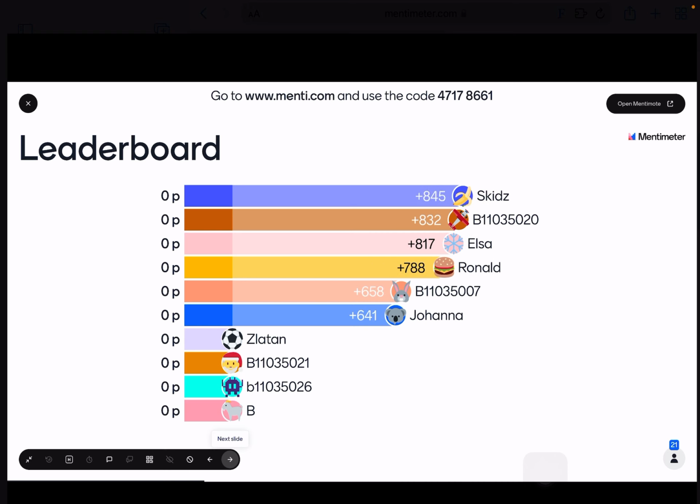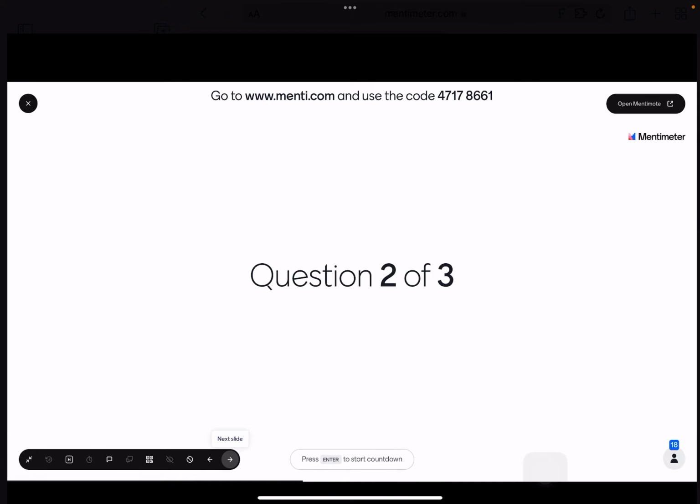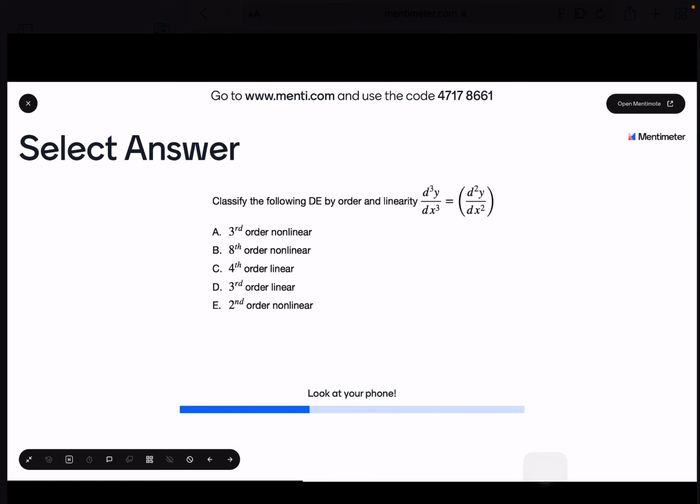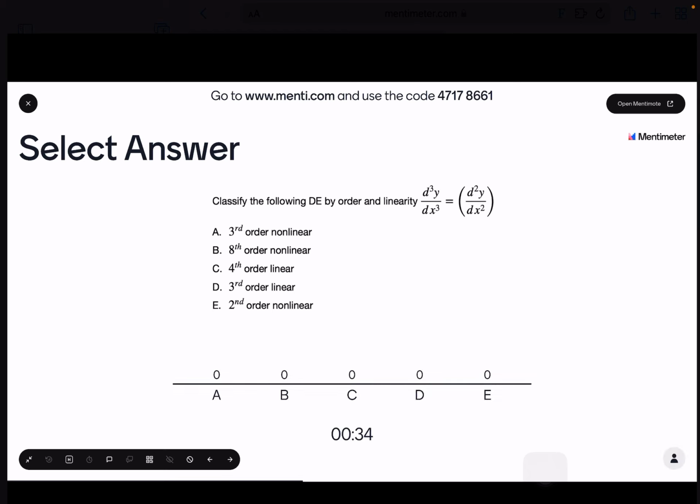You need to figure out which one is the dependent and which is the independent one. Okay, question 2. Just a 30 seconds question.